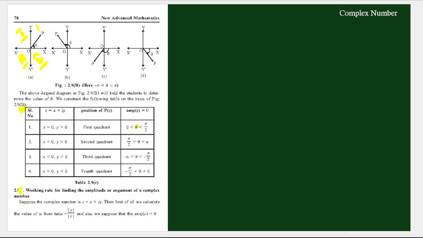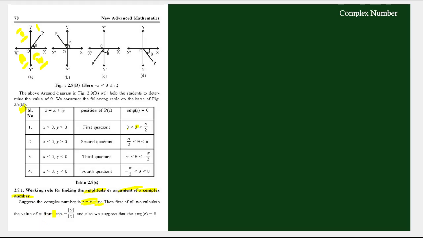Now we come to the working rule, how we will find the amplitude or argument of a complex number. Suppose the complex number is z equal to x plus iy. First of all, we calculate the value of alpha from this. Alpha here is theta.